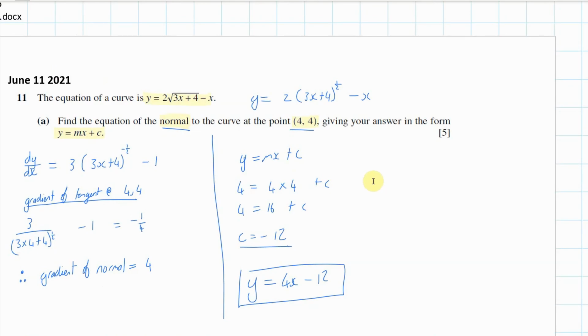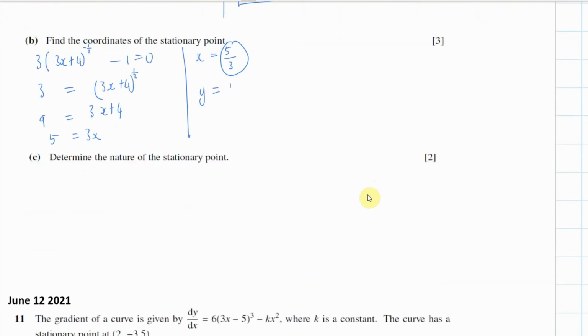So when I do that, what do I get? 2 bracket, 3 times 5 over 3, that's 3, plus 4, and then just go minus 5 over 3, and I'm getting 13 over 3 for that, so y equals 13 over 3. So coordinates are 5 over 3, comma 13 over 3, and done.